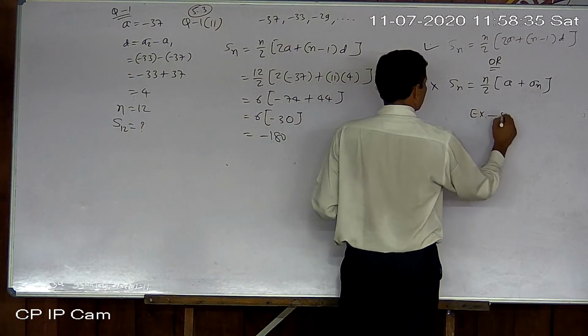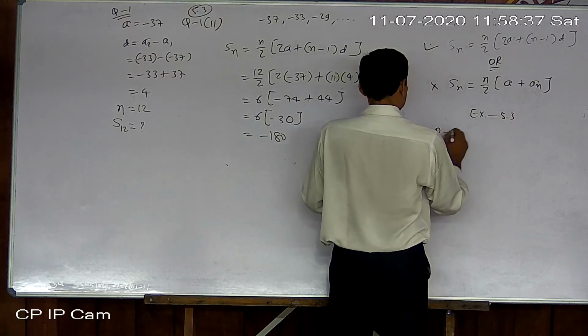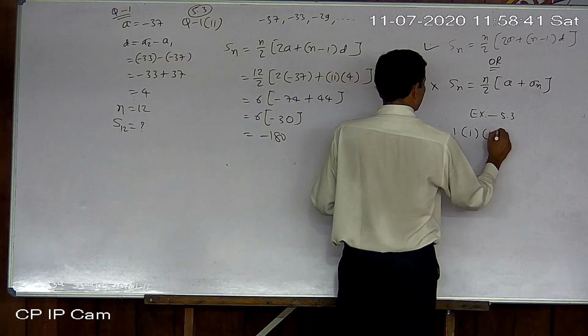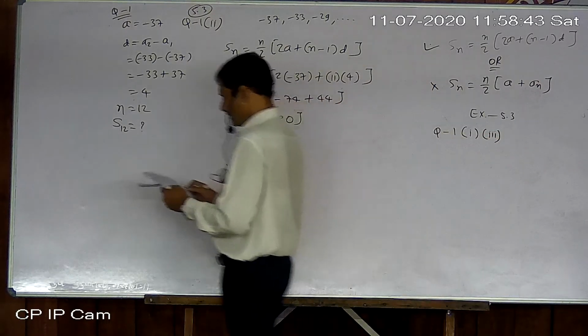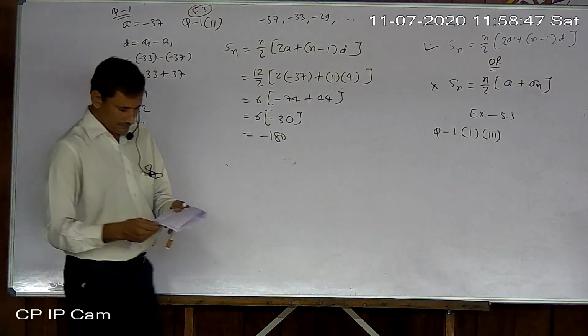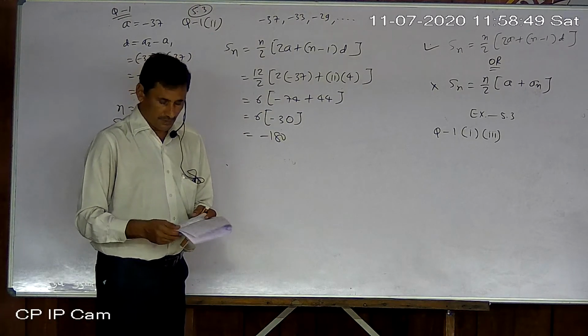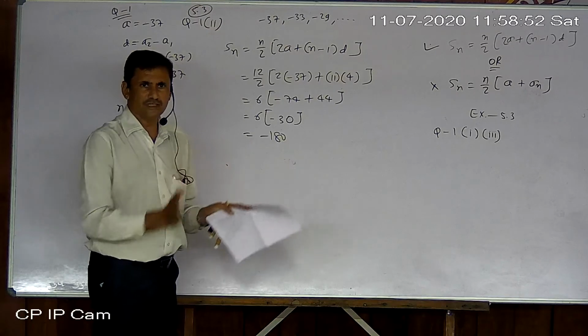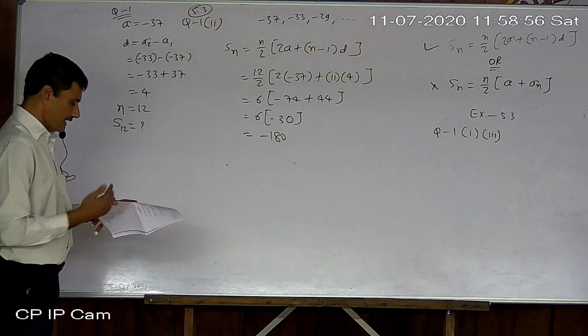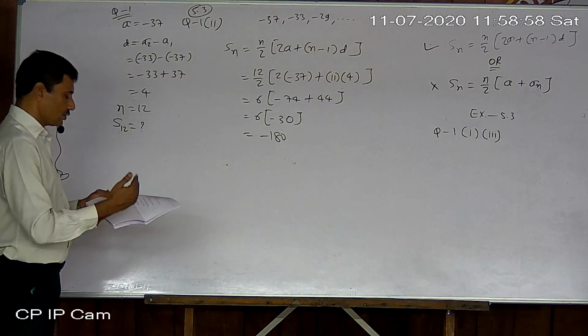Now the remaining two questions are homework. So exercise 5.3, question number 1, parts 1 and 3, are homework. Now look at the second one. There is also a sum. Find the sums of the given series. There is a plus sign given, but since both are the same only: 7 plus 10.5 plus 14 plus dot dot dot plus 84.